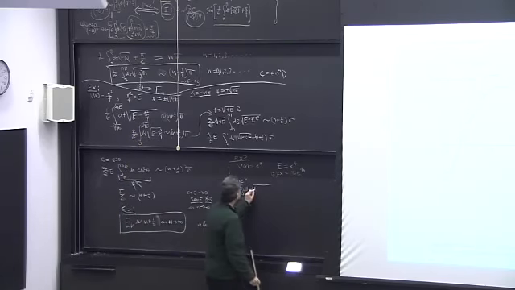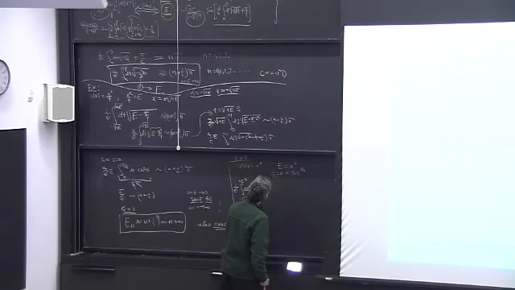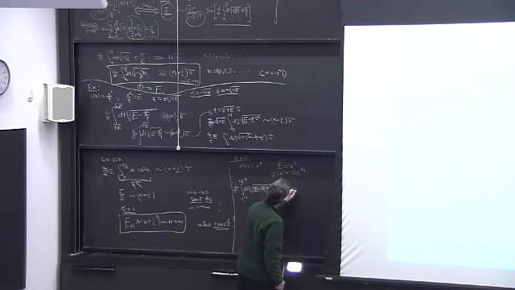So it's the square root of E minus t to the 4, and that's equal to n plus a half pi.